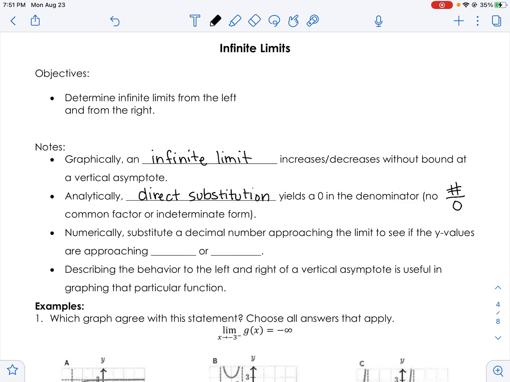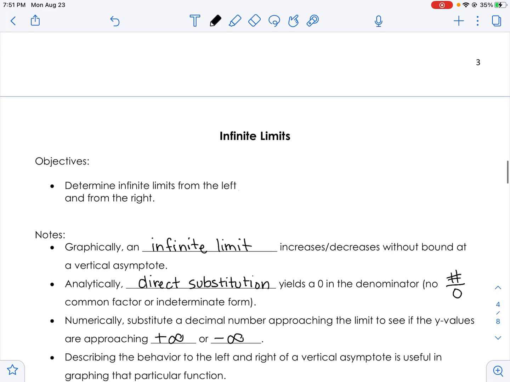Numerically, substitute a decimal number that is approaching the limit to see if the y values are approaching positive or negative infinity. And then describing the end behavior to the left and the right of the vertical asymptote is useful in that particular function.